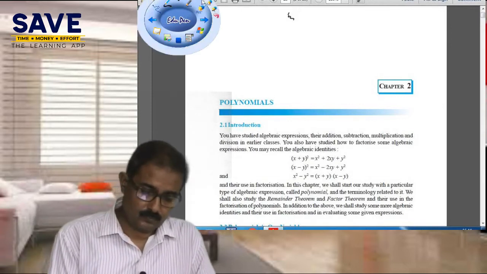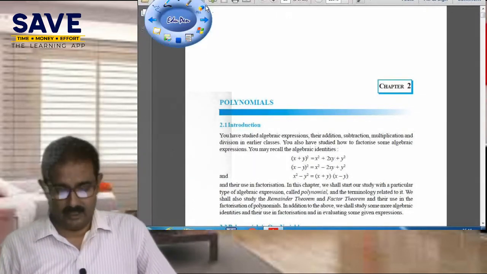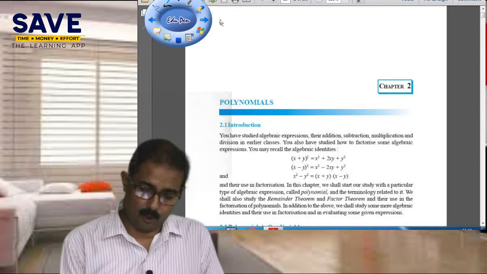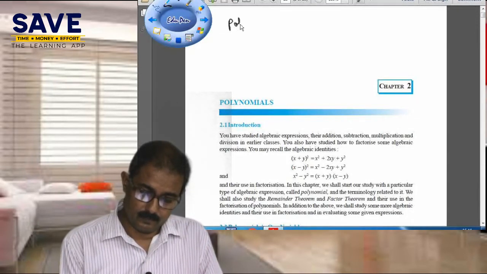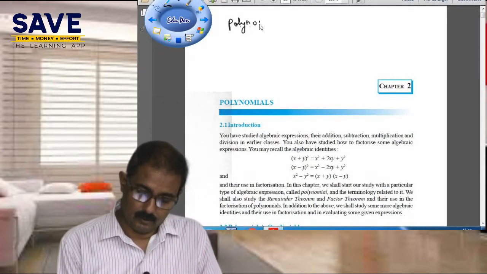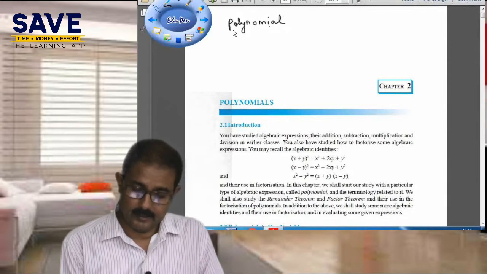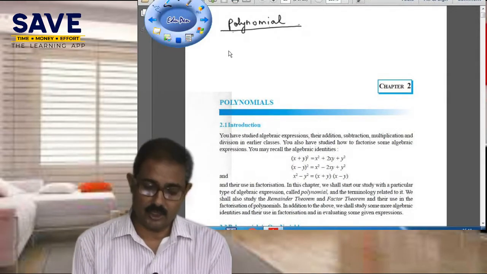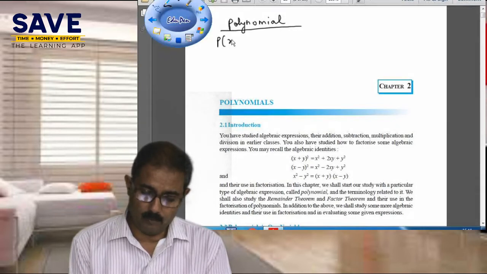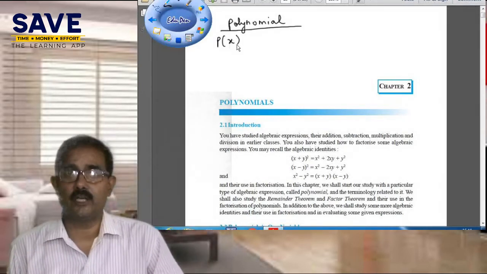So we are starting with the polynomials. So what is a polynomial? Polynomial क्या होता है? Any expression of the form, polynomial को ज़्यादातर हम px से denote करते हैं.